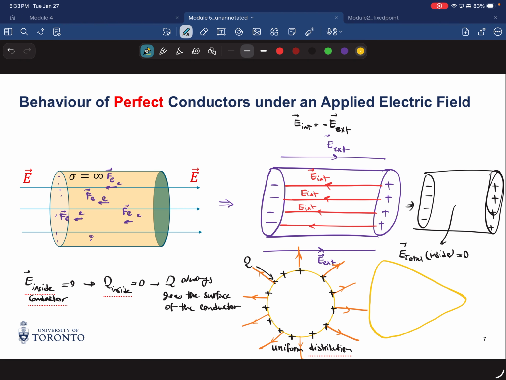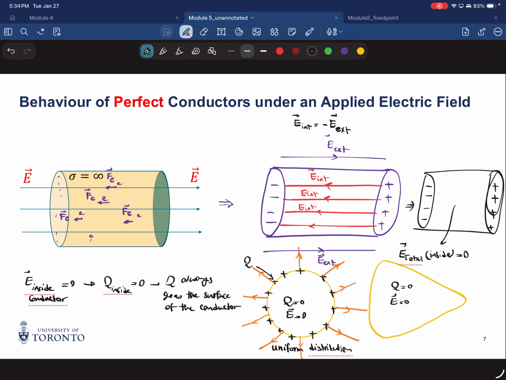Again, the charges would go on the surface, nothing inside. So Q inside for both of these is 0, E inside is 0. The same thing for this one. Q inside must be 0, E inside must be 0.